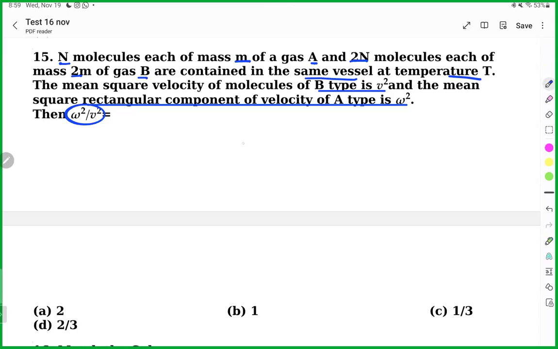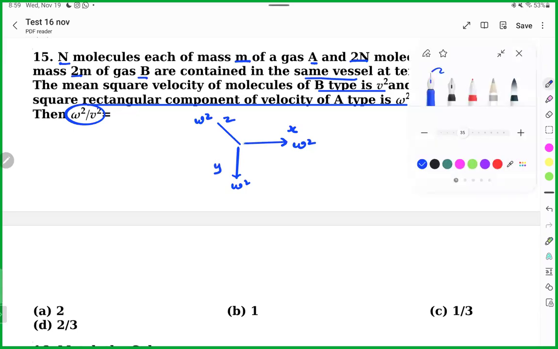So, if you are taking velocity omega square in the x-axis, then the same omega square will be present in the y-axis, and the same omega square in the z-axis. X, Y, Z, omega square. And here we are talking about speed, not velocity.